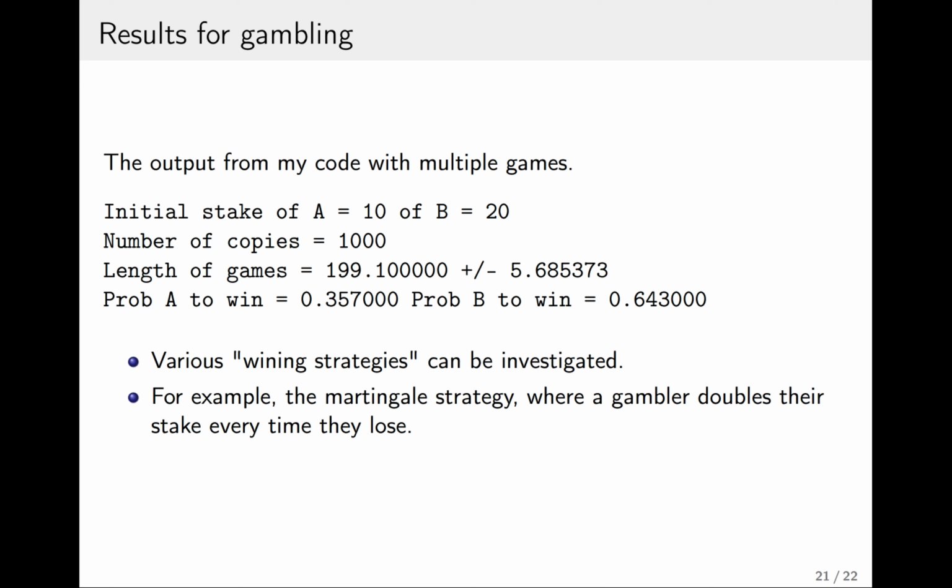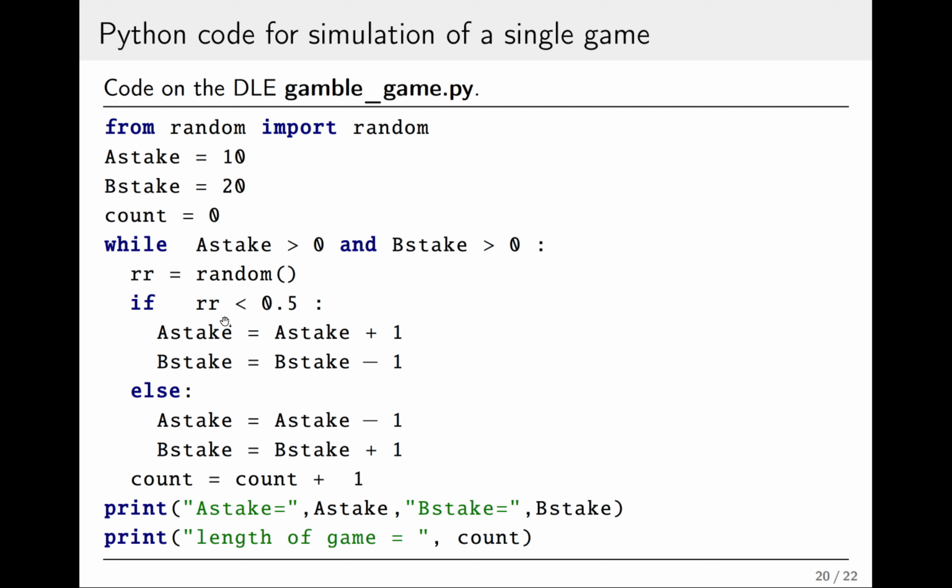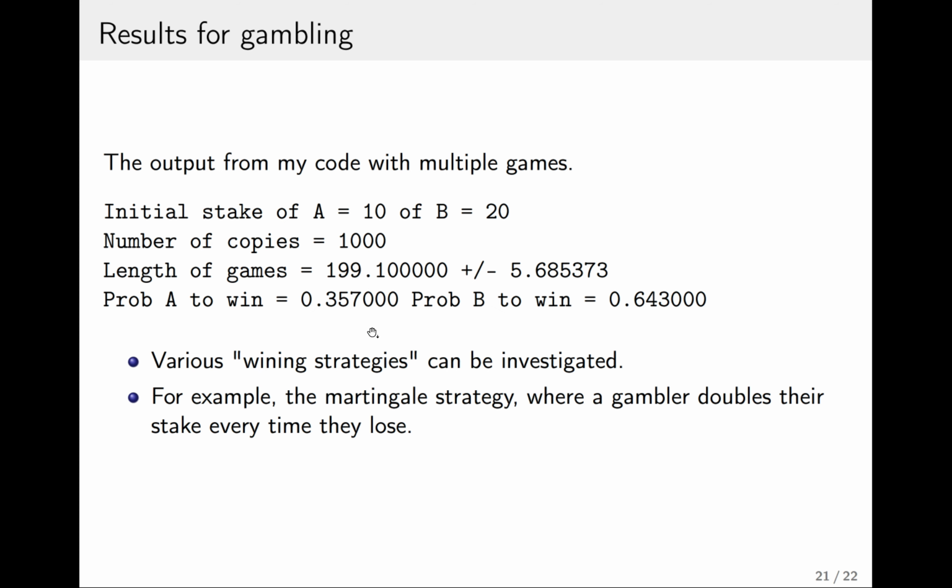So this is one game, but I can put an outer loop in here and do a loop over like 1,000 games, and then I can count the number of times that A wins or the number of times that B wins. So that's what the results here show. We have initial stake of A is £10, B has £20. I repeat this 1,000 times, and with the Monte Carlo process, I know that the mean length of game is 200.